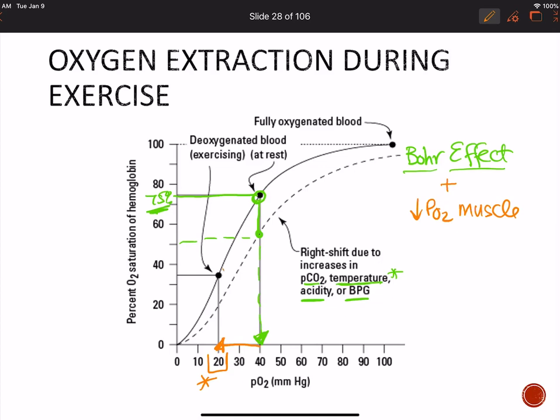Where in the previous slide we showed, wow, just by lowering PO2 you have this dramatic effect, it gets even more dramatic when you have the Bohr effect on top of it, and you can deliver almost all, right? We're getting way down. Hemoglobin has almost completely dropped off its oxygen when you're at these really high levels of exercise performance.